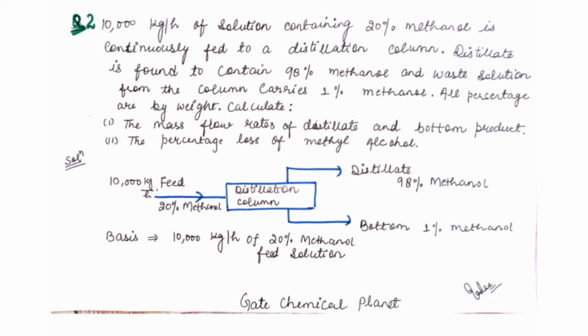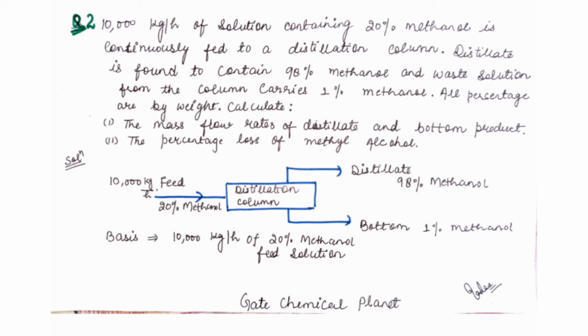10,000 kilograms per hour of solution containing 20% methanol is continuously fed to a distillation column. The distillate is found to contain 98% methanol, and waste solution from the column carries 1% methanol.